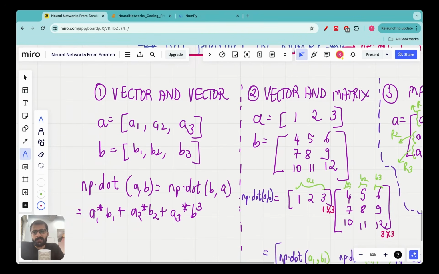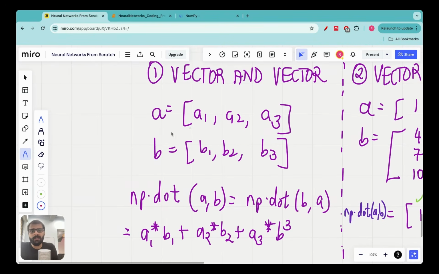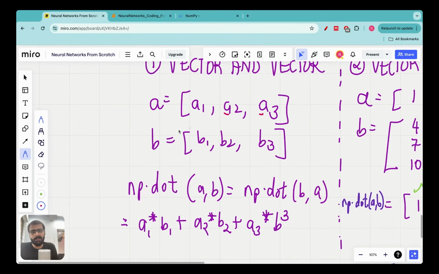First, let us understand the dot product between two vectors. So let's say there is a vector A whose first element is A1, second element is A2, and third element is A3. And there is a vector B whose first element is B1, second element is B2, and third element is B3.